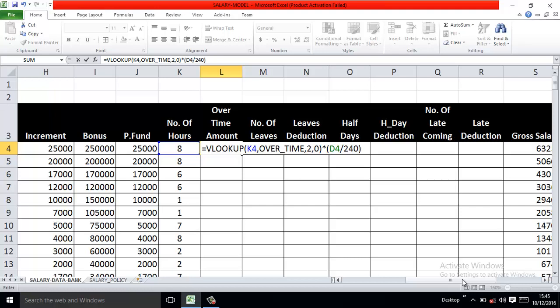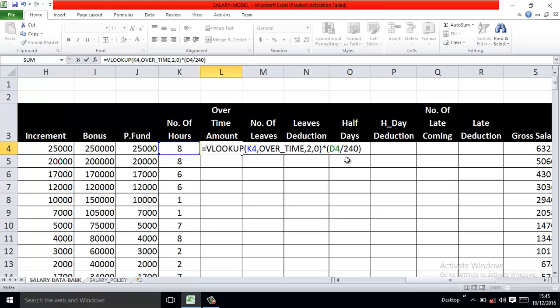If I calculate per day salary, I'm supposed to divide basic salary, that's D4, by 30, and then if I further want the per hour salary, the calculated per day salary would be divided by 8, because 8 is the working hours. So the total working hours of a month is 240, which I got by multiplying 30 with 8, 30 days in a month and 8 hours in a day.